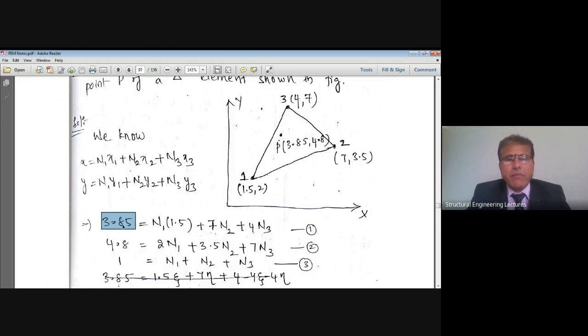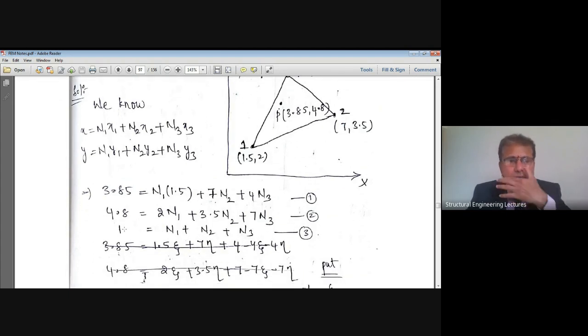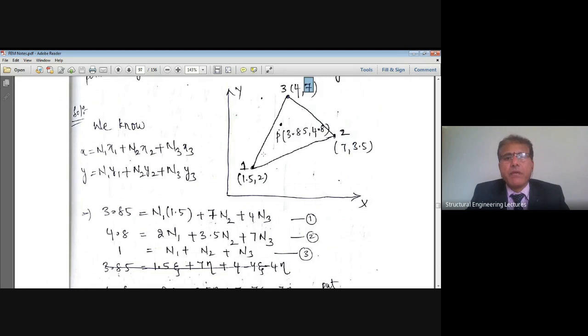N1 is unknown, multiplied by x1 for the first node, 1.5 mm, and N2 unknown multiplied by x2, 7, and N3 multiplied by 4. That is the first equation. Similarly, the second equation is y, 4.8 for the interior point P, equal to 2 multiplied by N1, 3.5 multiplied by N2, and 7 multiplied by N3.